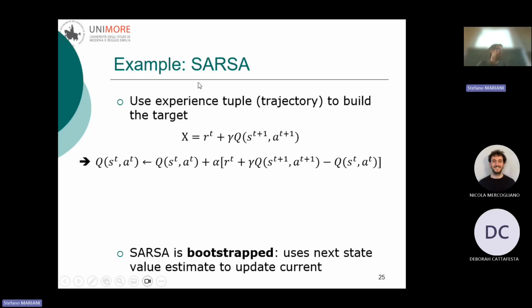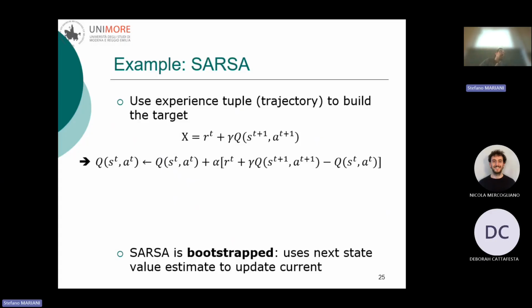The main idea to try to estimate the quantity that I want to estimate is to use the experience tuple. To try to give an evaluation of how good it is to be in a given state and do a given action, I use past information that I sampled from that state and that action.